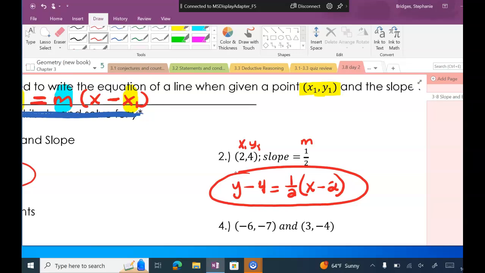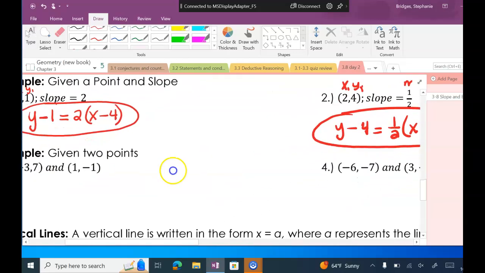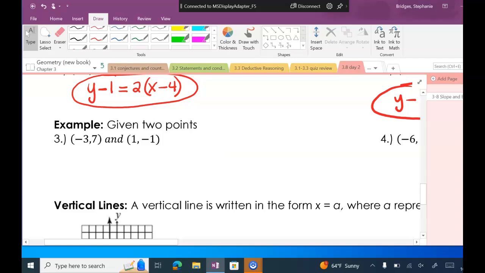Is everybody ready? Okay, we are still continuing to write equations, but this time it says we're given 2 points. We are given -3 and 7, and we're given 1 and -1. Go ahead, Alex. So is this one we label x1 and then x2? Now here's a question.